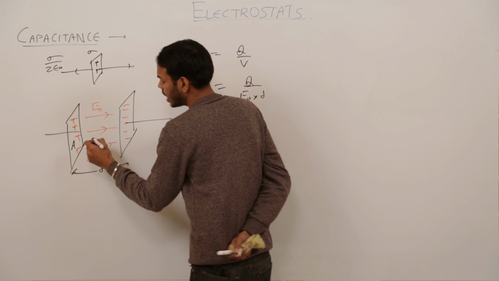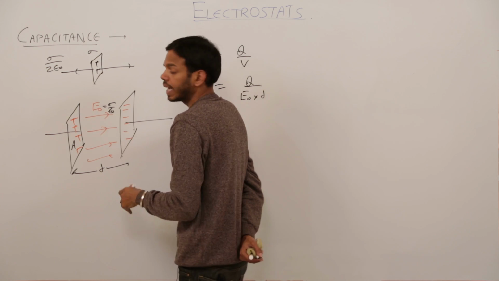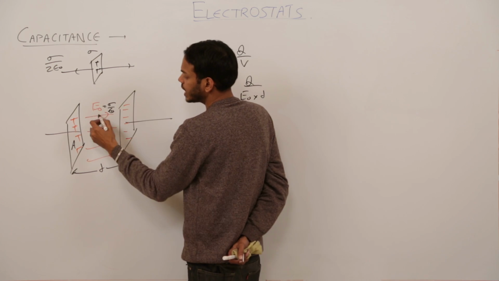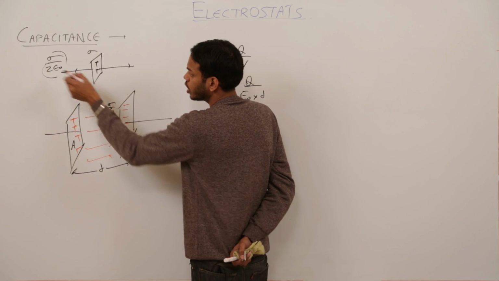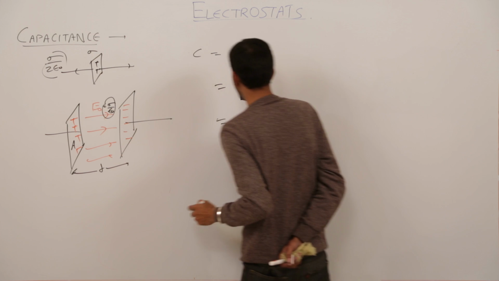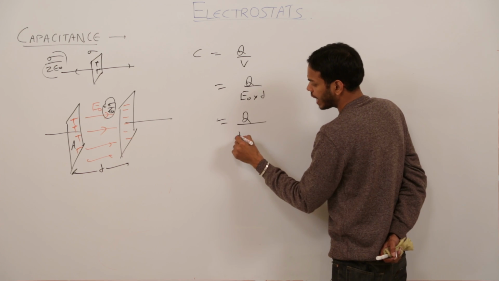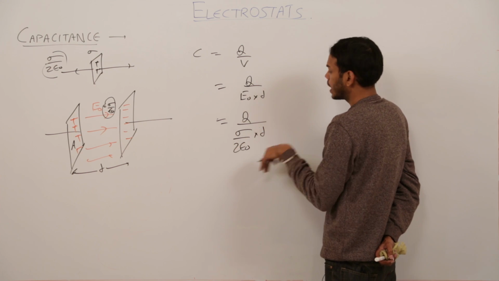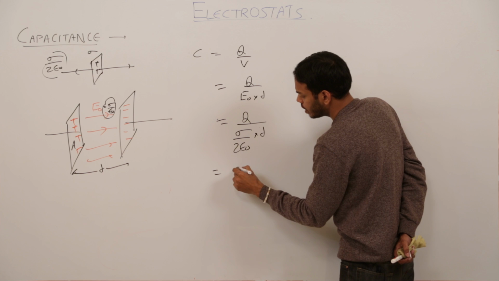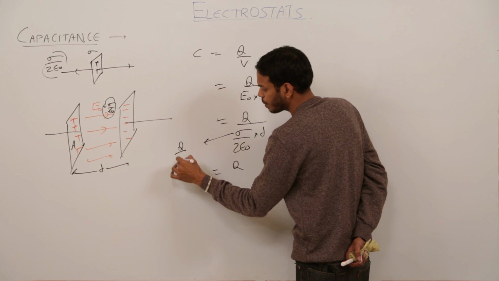For positive it is sigma upon 2 epsilon naught, for negative also it is sigma upon 2 epsilon naught, so both get added up and we had sigma upon epsilon naught. So here, Q upon, instead of E naught I am getting sigma upon epsilon naught into d. This epsilon naught goes up. What is sigma? Charge density, that is charge upon area.